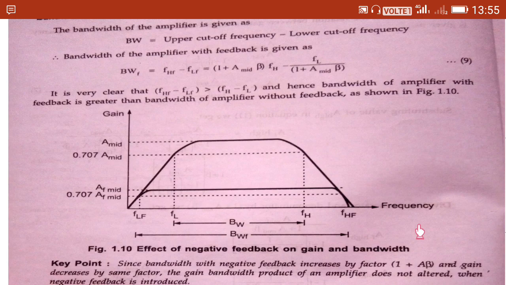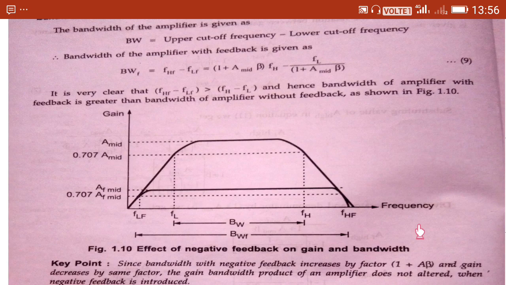Now, if we introduce feedback into the amplifier, basically negative feedback, the gain basically reduces and bandwidth basically increases.